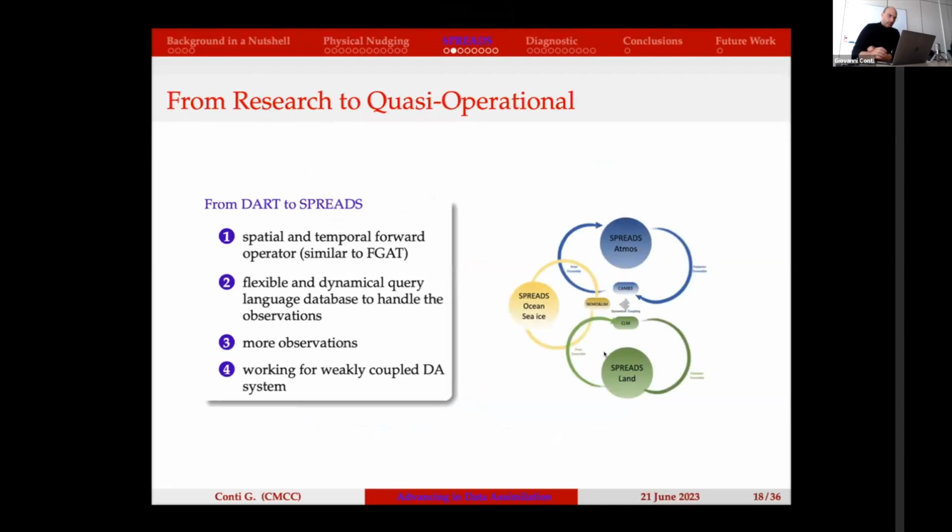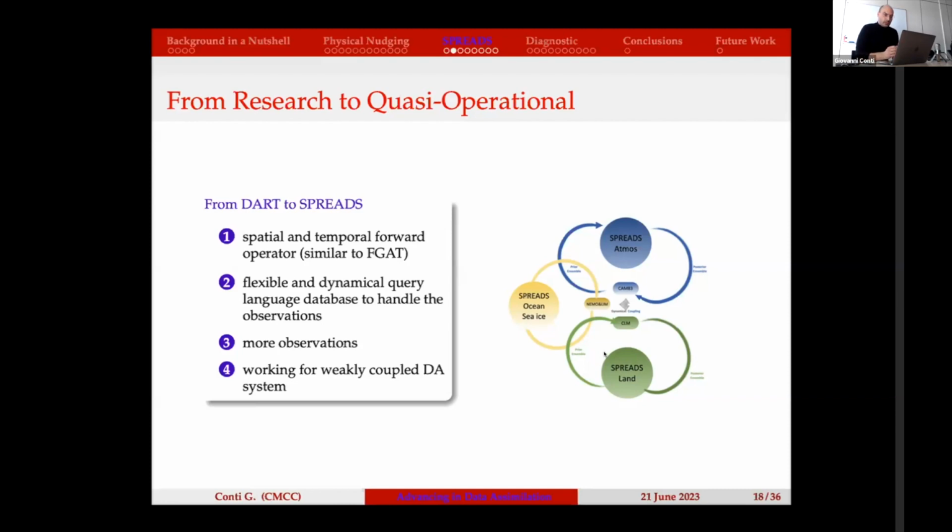In particular, the aim of this part is a transition from a really good research data assimilation tool, DART, based on the ensemble adjustment Kalman filter, to a scalable, fully parallelized data assimilation system, a quasi-operational system that is called here SPREADS.